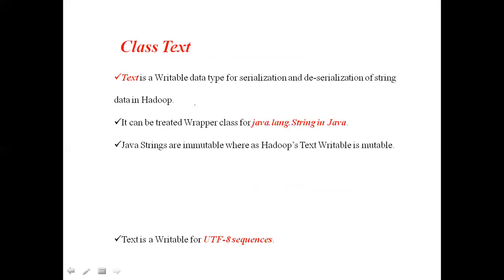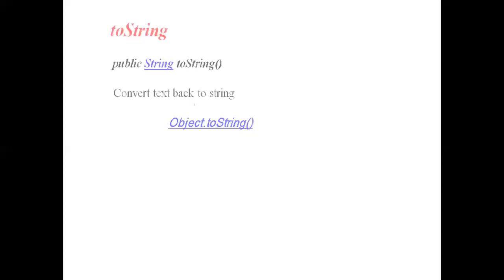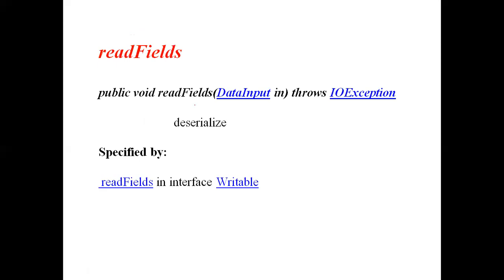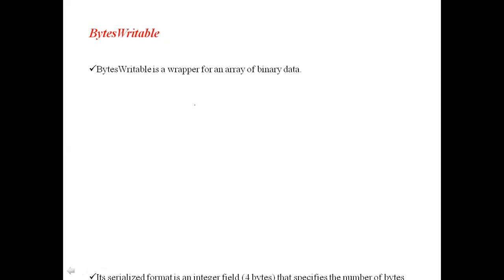Next, we have seen bytes writable with an array of binary data. To create an array of binary data, we use the bytes writable.